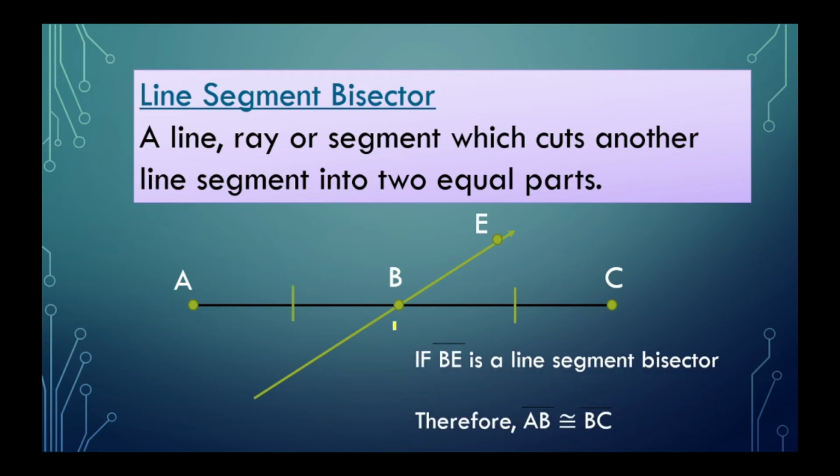Then we have here ray BE. This ray BE is a line segment bisector. Why? Simply because it bisects segment AC into two congruent parts. So nung hinati ni BE si AC, nagkaroon tayo ng segment AB is congruent to segment BC. So that is by definition of line segment bisector or segment bisector.